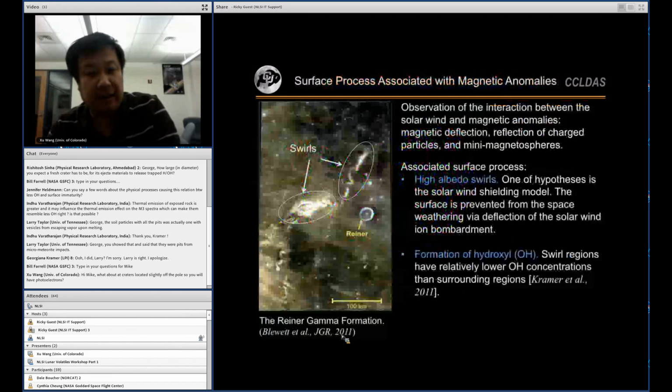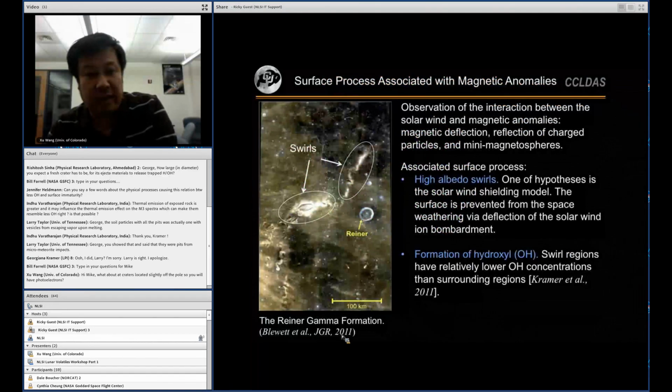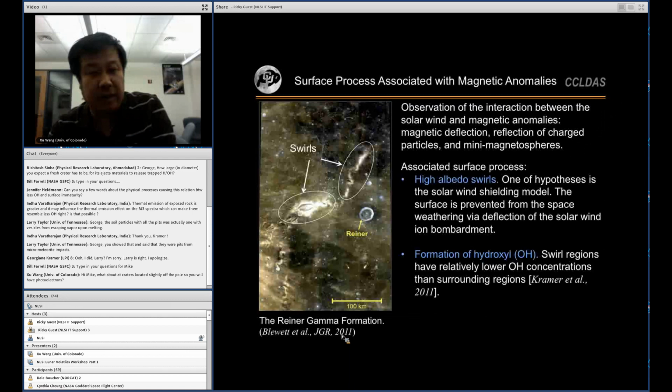So previous speakers, Georgia Kramer, has talked about the swirls. Those are associated with the interaction between the solar wind and the magnetic anomalies. The crustal magnetic fields can deflect, and if strong enough, can stand off the solar wind plasma to create a density cavity, which can isolate the surface from solar wind bombardment.